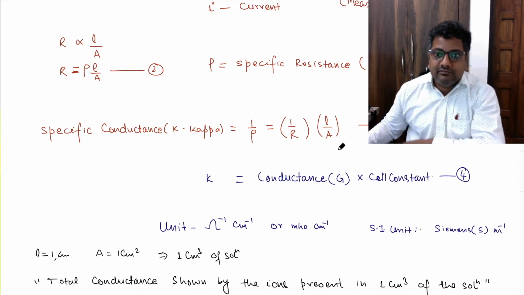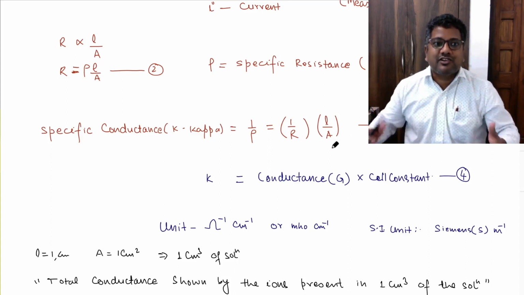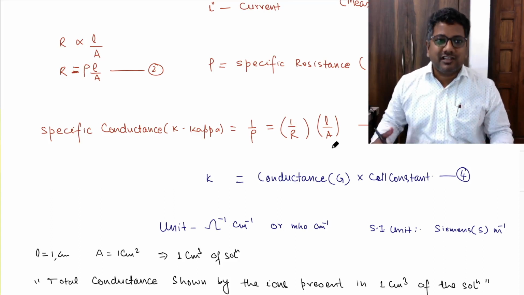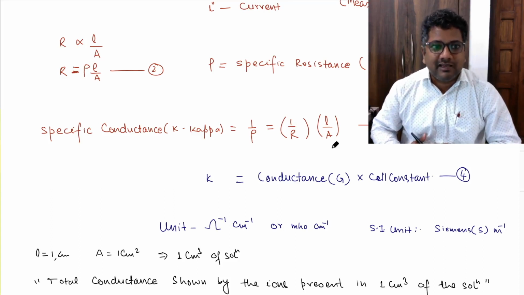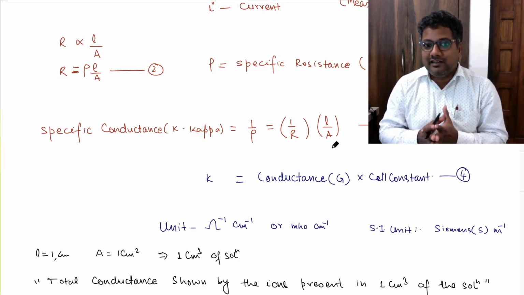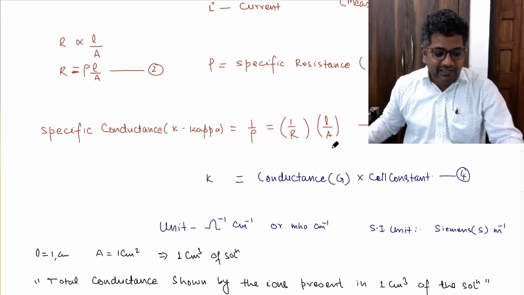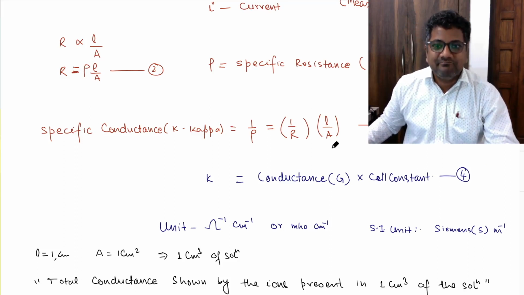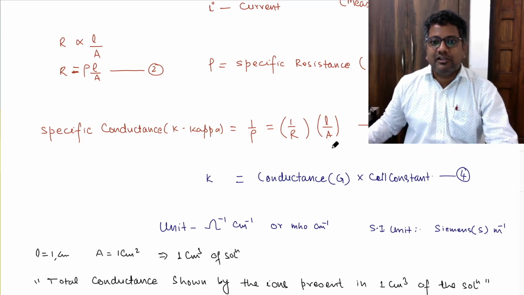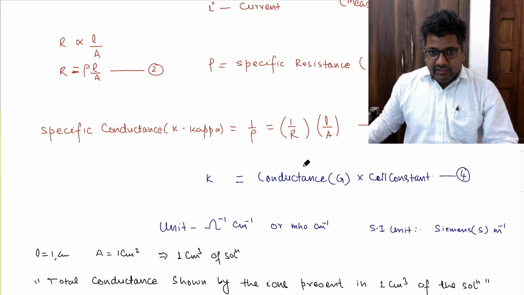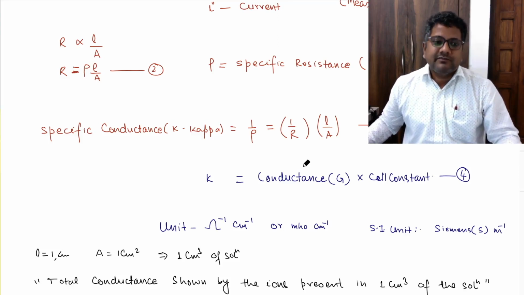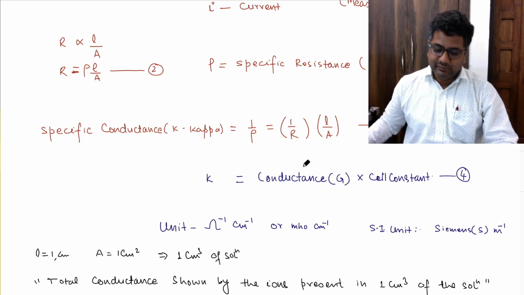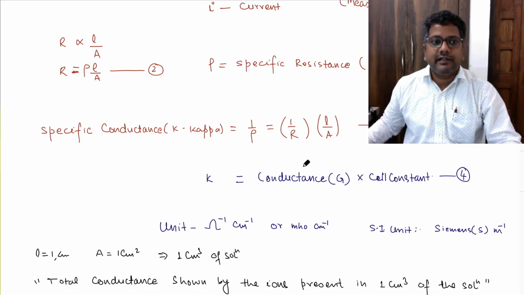All these terms are physical parameters, like the wire, so this gives no feeling of chemistry. Some concentration term is important to add here. We cannot measure specific conductance directly; we can only manipulate it.